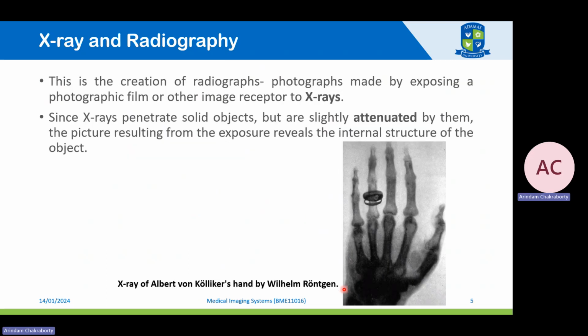And what is radiography? Radiography is a spatial photograph made by exposing a photographic film with nothing other than X-rays. There is a source that produces X-rays, there is a detector or photographic film that captures the image, and between the source and the detector there is the object, or let's assume a human subject.